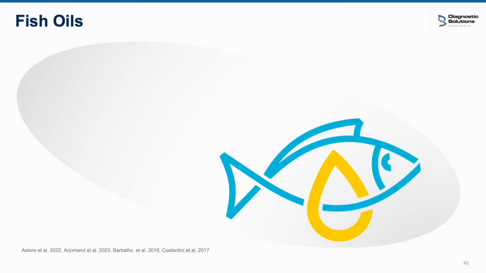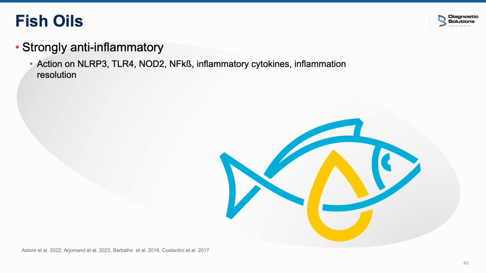Fish oils. These are strongly anti-inflammatory. A low omega-3 to omega-6 ratio may play a role in IBD development. So fish oils are going to be your omega-3s, whereas your vegetable oils are going to be more your omega-6s. So increasing your omega-3s can be beneficial.